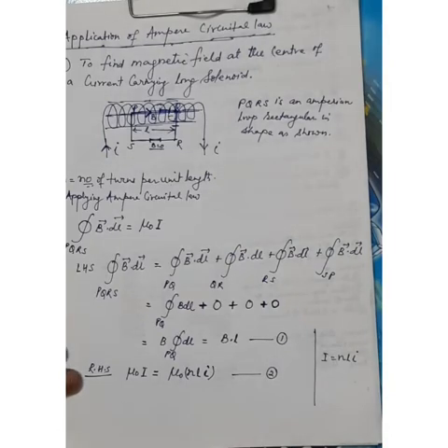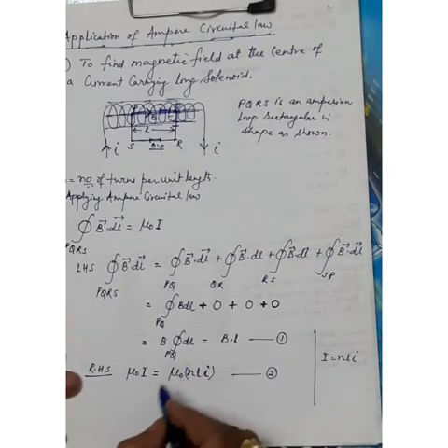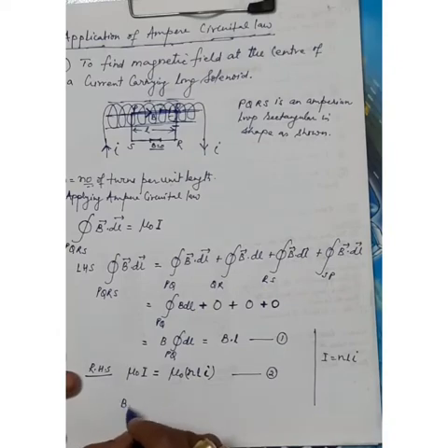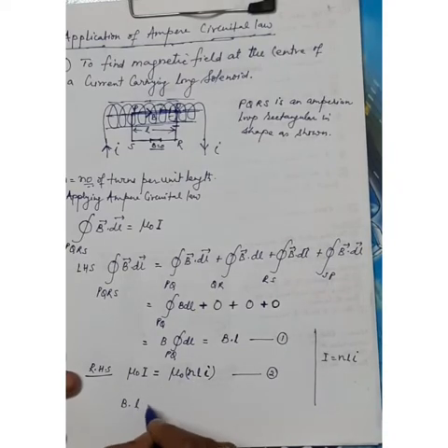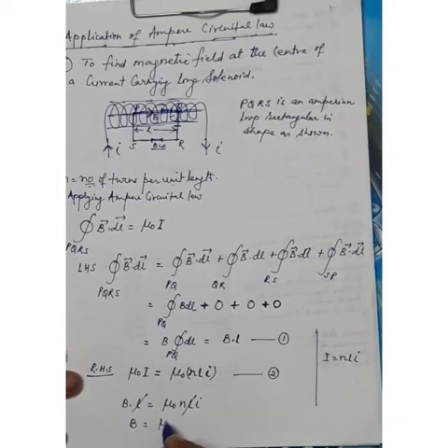Now apply Ampere's circuital law. Then B into l is equal to mu naught n l i. Cancelling l, that gives the value of the magnetic field as mu naught n i.